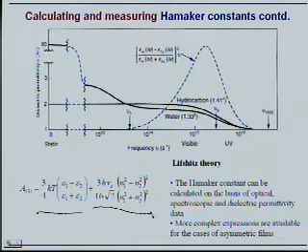Now, as you can see, the Hamaker constant would have two components. One is dependent on electrical polarizabilities at zero frequency. One is dependent on the refractive indices.